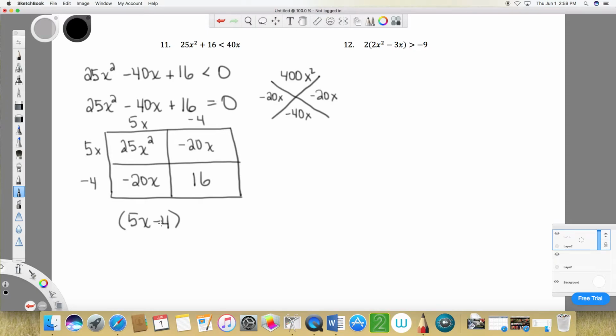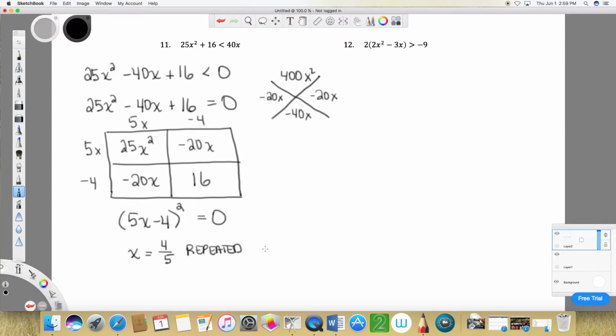And whenever you have a factor that's repeated in multiplication, you can write it using exponents. We can just write it as 5x minus 4 squared is equal to 0. So if we add 4 and divide by 5, we see that x equals 4/5 is a solution, a repeated solution.